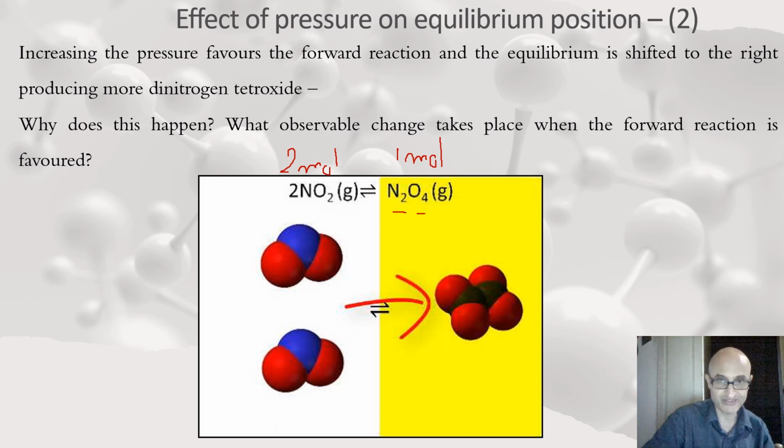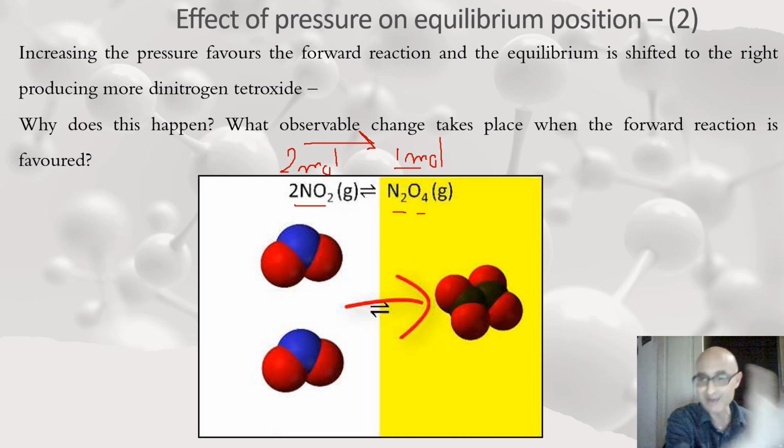Why is this? Because by moving forwards, we move from 2 moles of gases, 2 moles of nitrogen dioxide, to just 1 mole of dinitrogen tetroxide. In other words, the extra pressure can best be relieved by moving forward. The system is trying to bring the pressure down again.